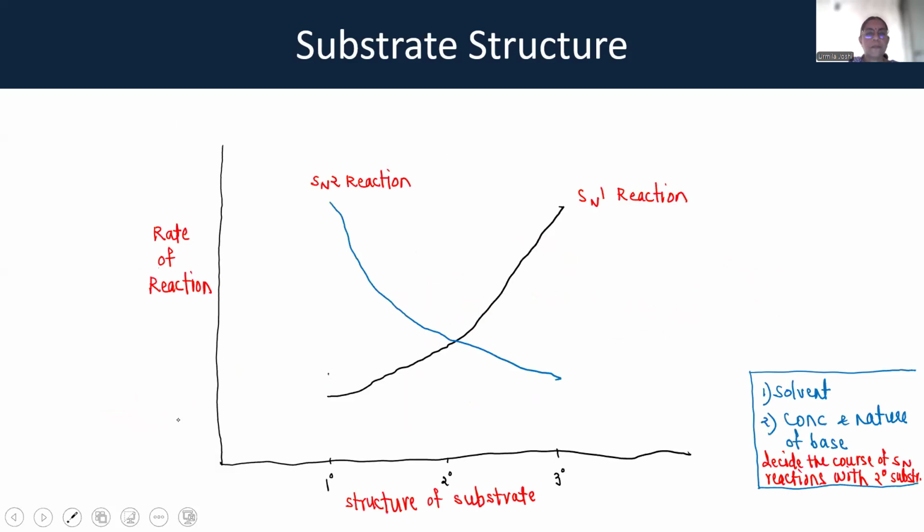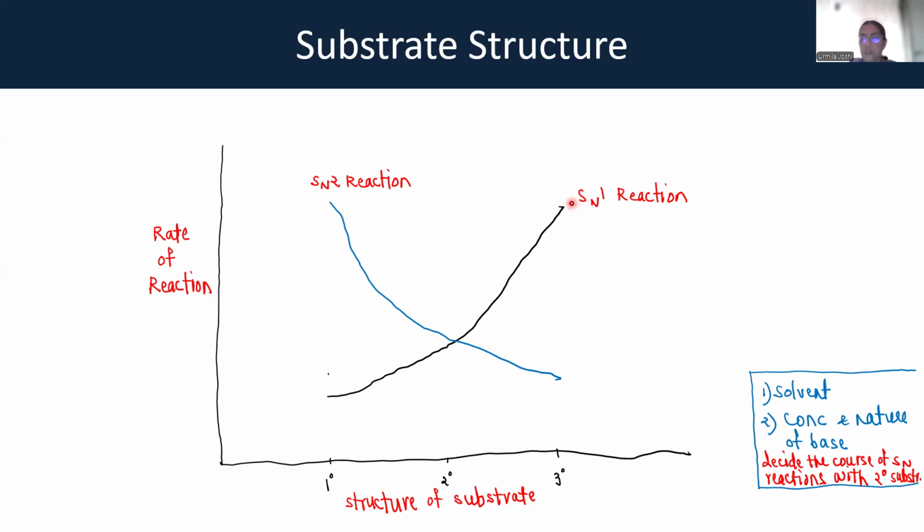So try to understand this. If we plot the substrate structure versus rate of reaction, the SN2 reaction rate goes on decreasing from primary to secondary to tertiary. Whereas for SN1 reaction, the rate goes on increasing from primary to secondary to tertiary.